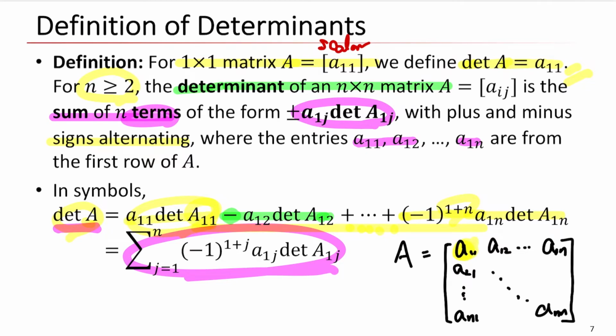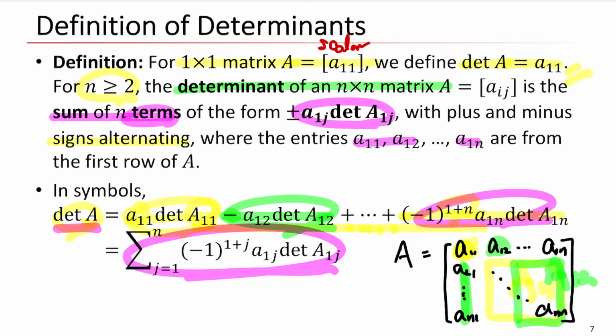This one times this one times the determinant A11. Then what about the second term? A12 times this matrix A12, something like this. Then the last term is this one times this one, what was that?